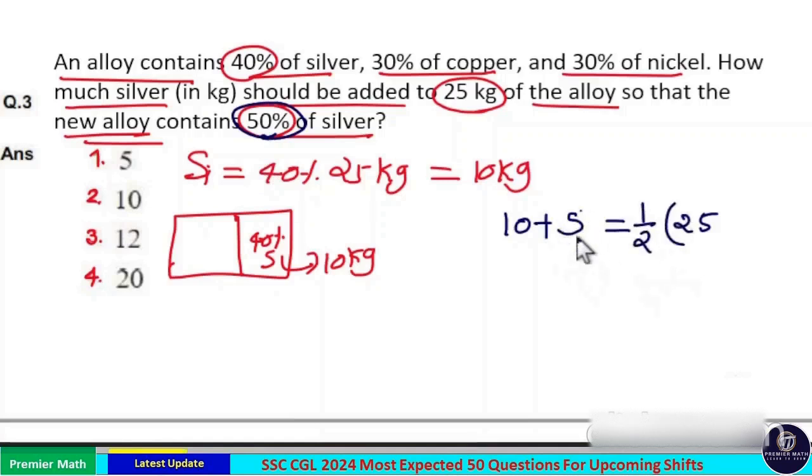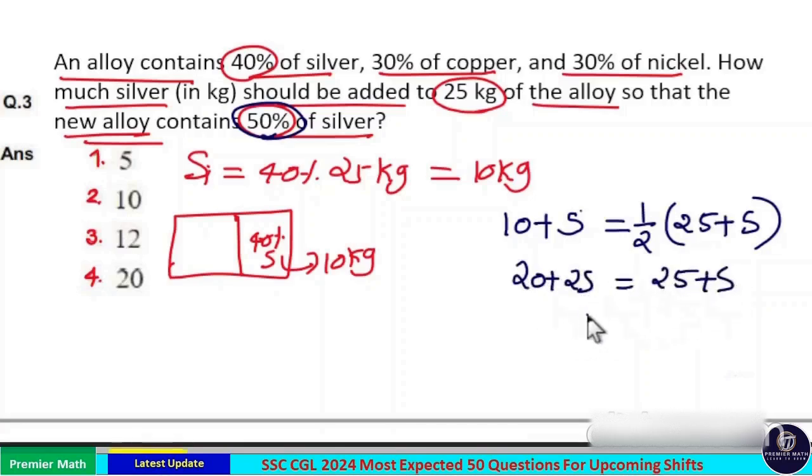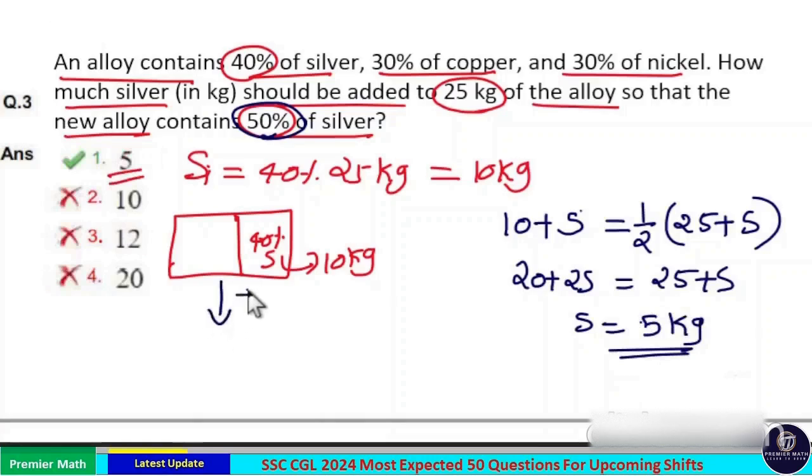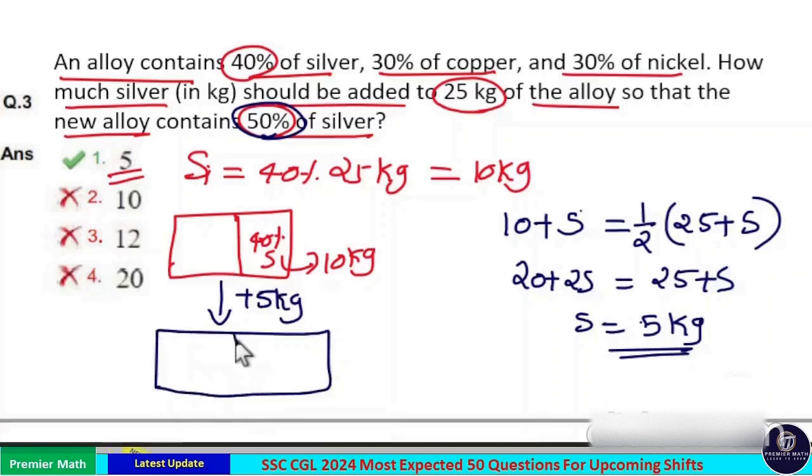When I add S kg of silver, the new alloy weight will become 25 plus S. So 20 plus 2S is equal to 25 plus S, which means S is equal to 5 kg. Option 1 is your answer. That is, when I add 5 kg silver to this initial alloy, the new alloy will contain 50%.